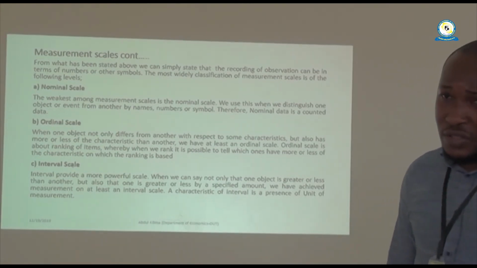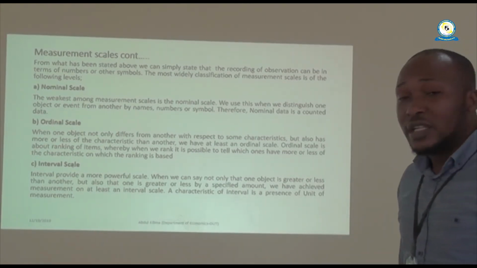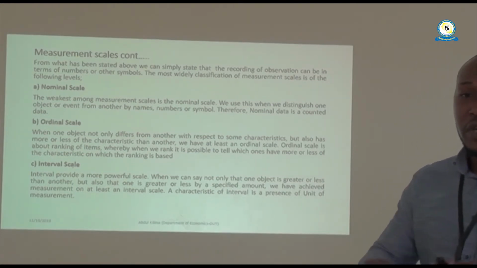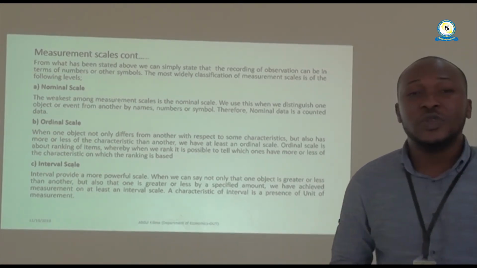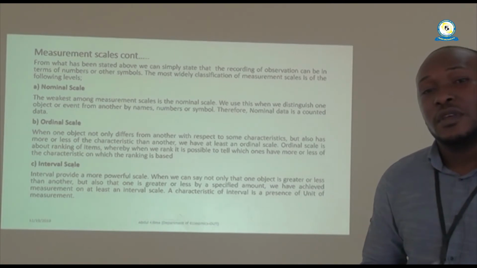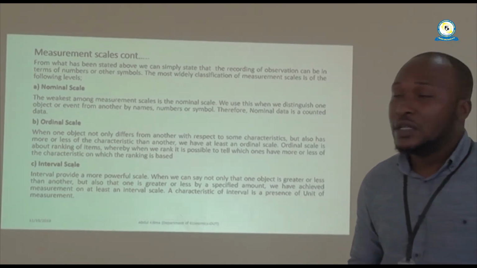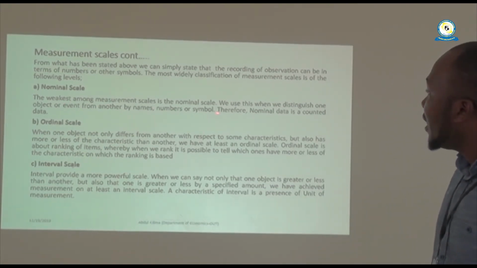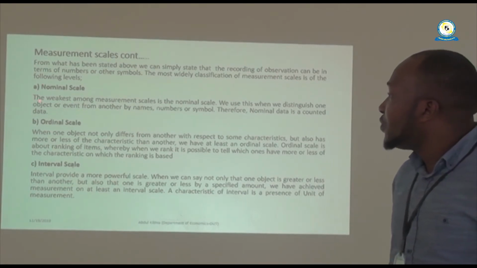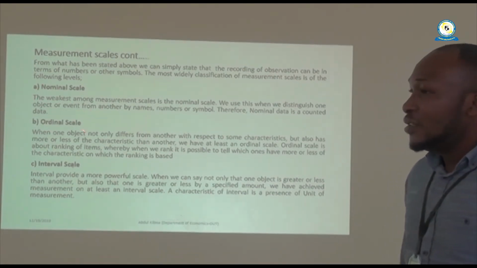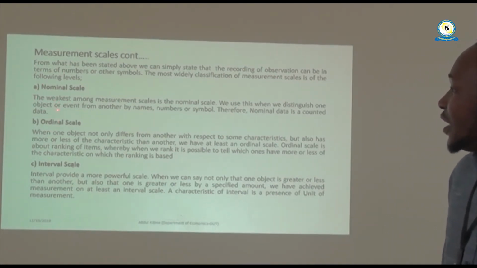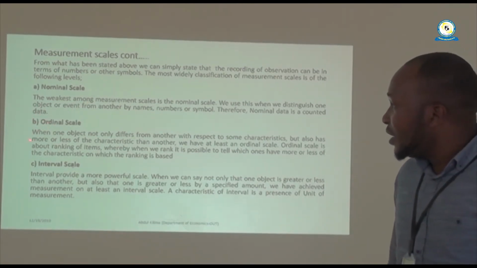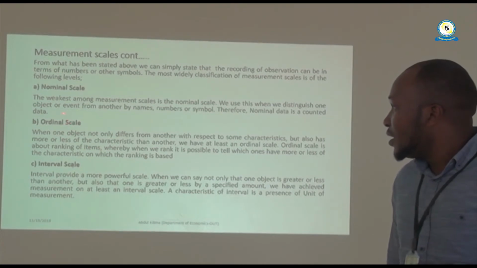Then we go to the ordinal scale. In the ordinal scale, we have named, we've distinguished our data. For example, in an office, in the nominal scale, there's a chair, a table, furniture. We have furniture, but then we name them table, chair, and so on.